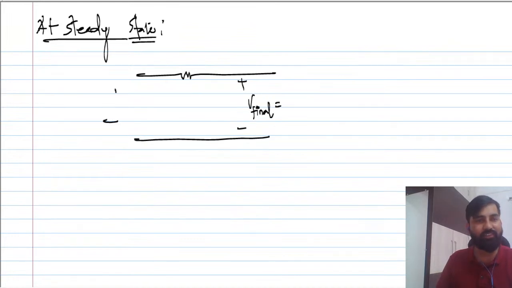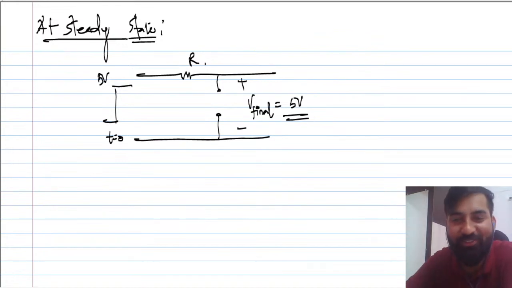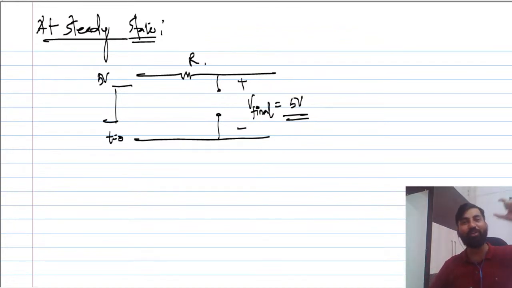This is the step we are applying at t equal to 0, that is 5 volt. This is R. So what is the voltage across the capacitor, guys? This is the capacitor, we have made it open. So this will be 5 volt. How many of you understood this? The final voltage across the capacitor is 5 volt.